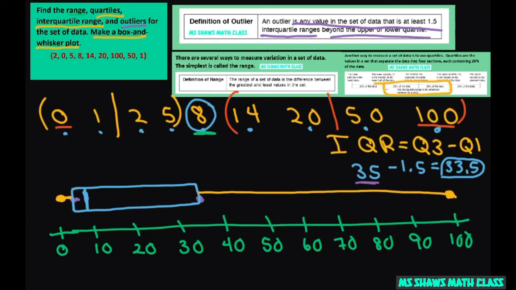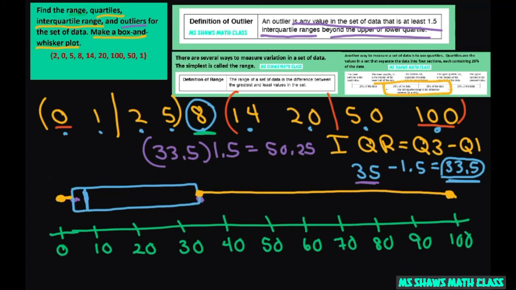So you take your interquartile value, which is 33.5, and multiply that by 1.5. So 33.5 times 1.5 gives me 50.25.